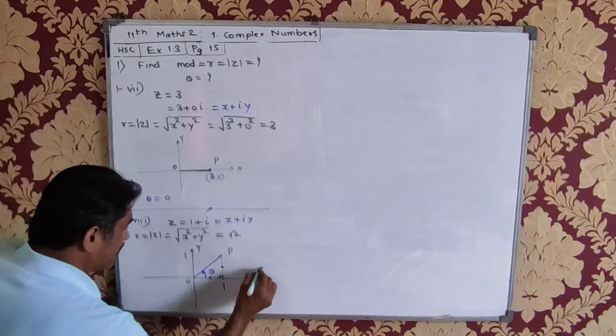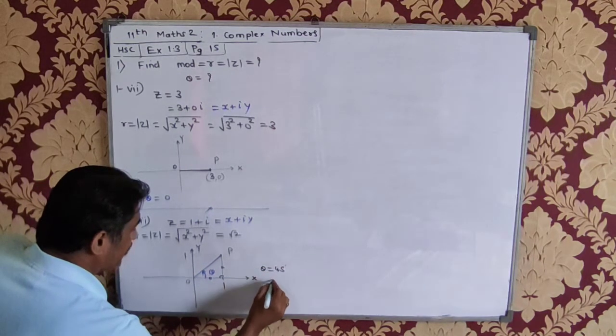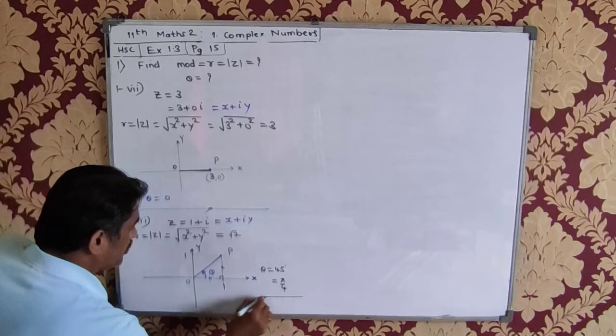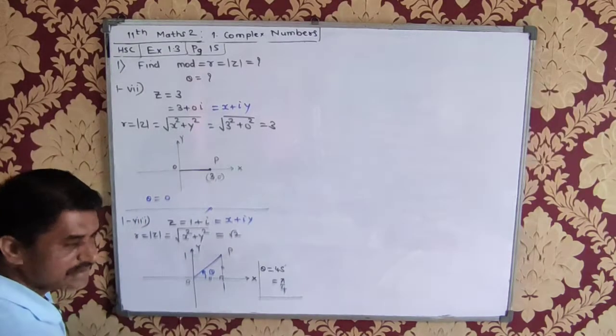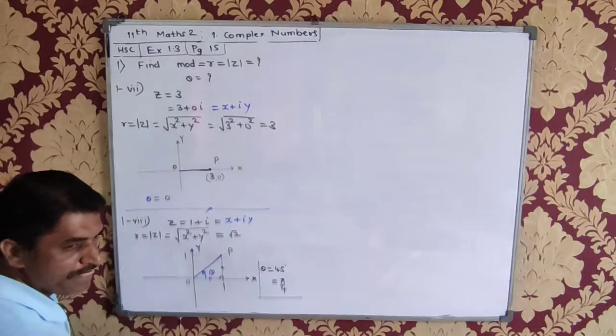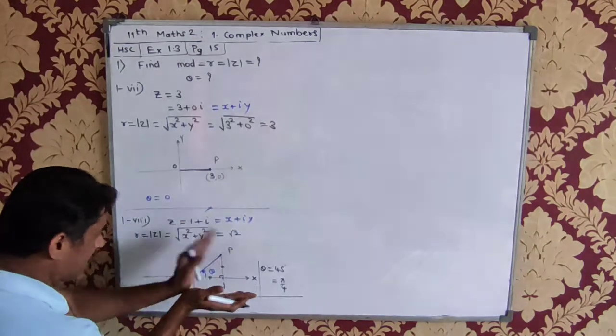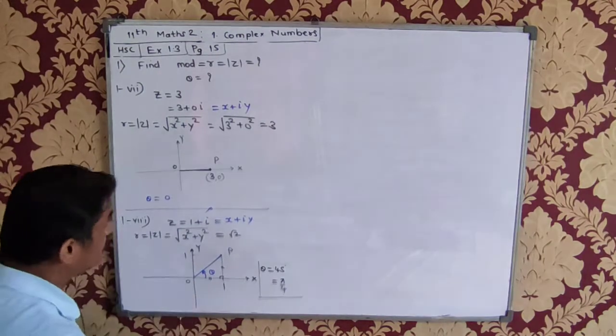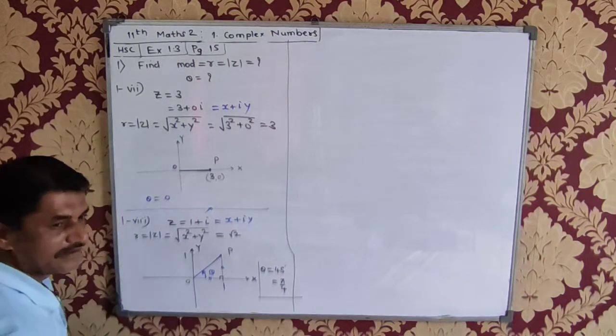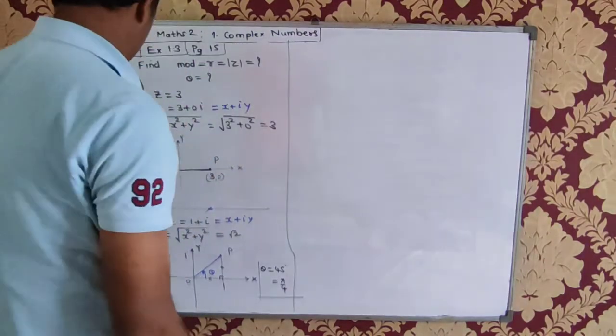So clearly the angle theta is equal to 45 degrees, pi by 4. Isosceles right angle triangle. Understood? Okay? Next.